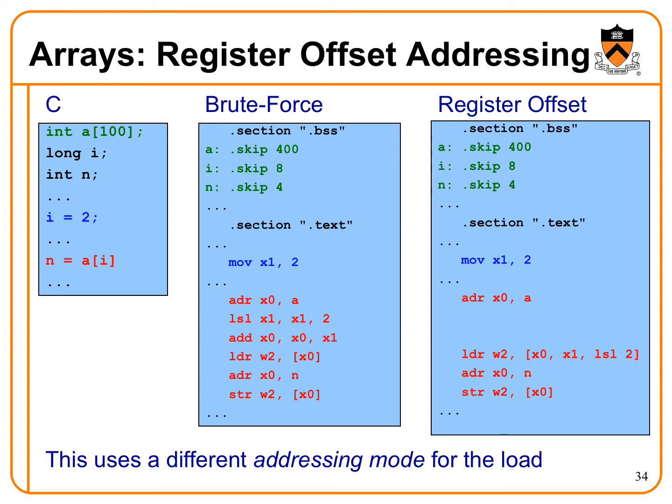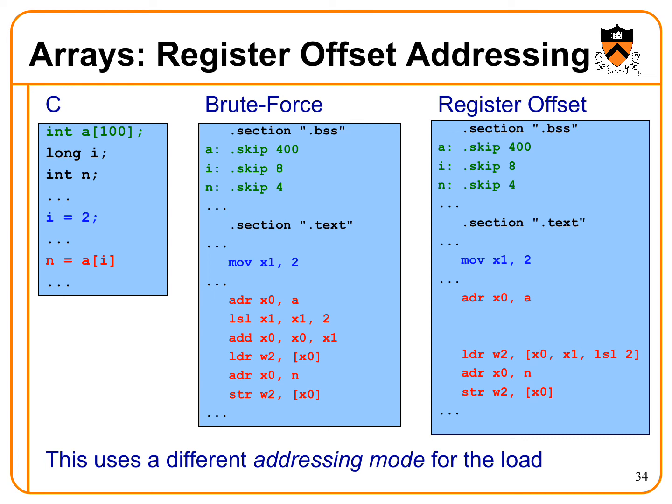Instead of doing a left shift operation and an add operation as separate instructions, we can actually pack these two operations into the pointer dereference using register offset addressing mode. Look at the load in the rightmost box. We have LDR W2, so that's the same. We're loading into W2.